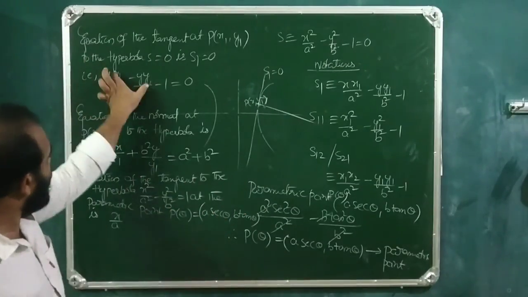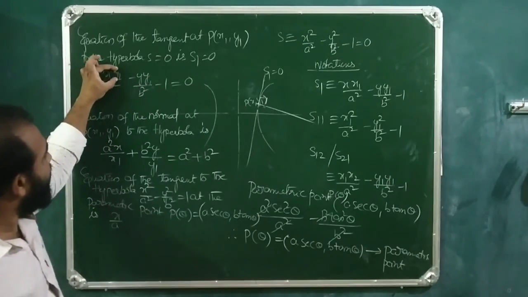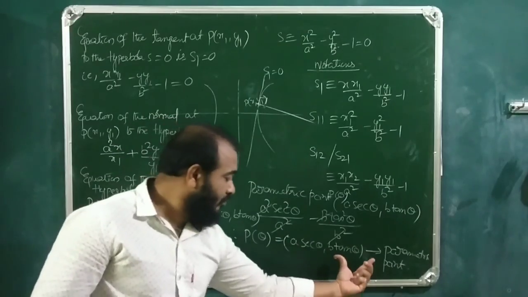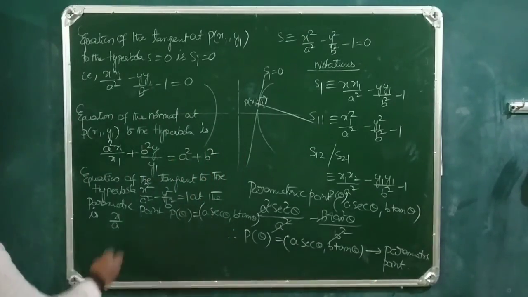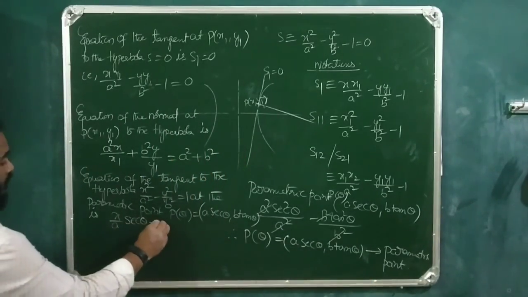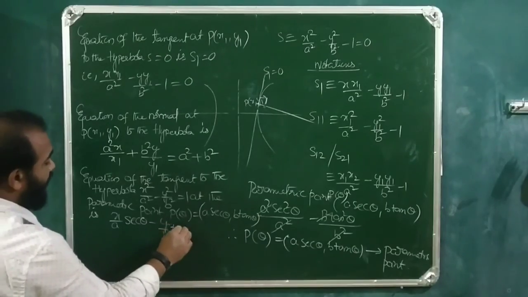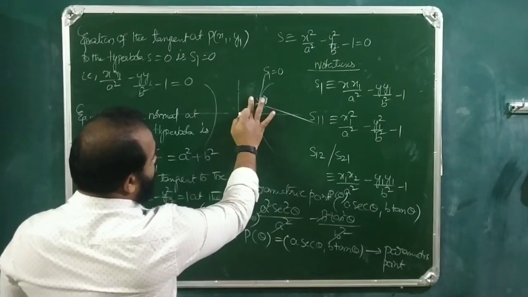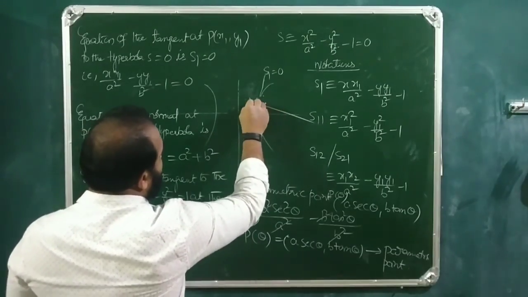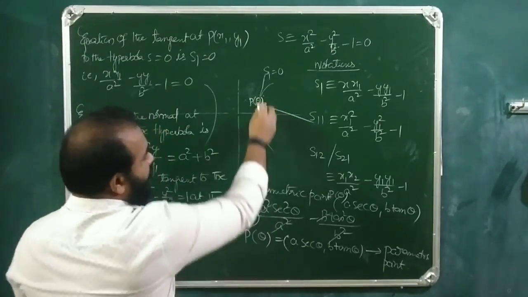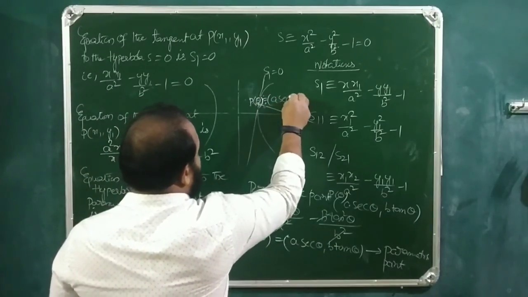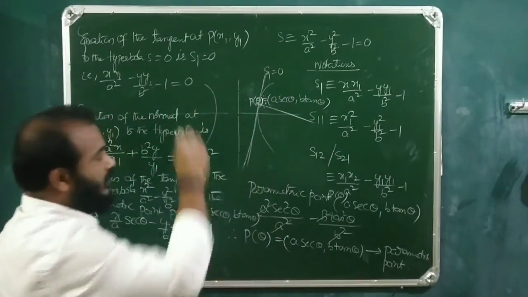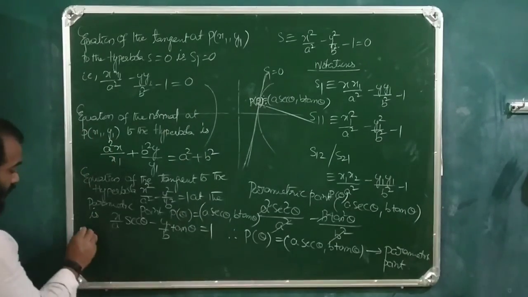In the place of x1, y1, substitute simply secant theta and tan theta, because a secant theta is x1, b tan theta is y1. So x by a secant theta minus y by b tan theta equals 1. So instead of P(x1, y1), for P(theta), which is a secant theta, b tan theta, the equation of this tangent is this.